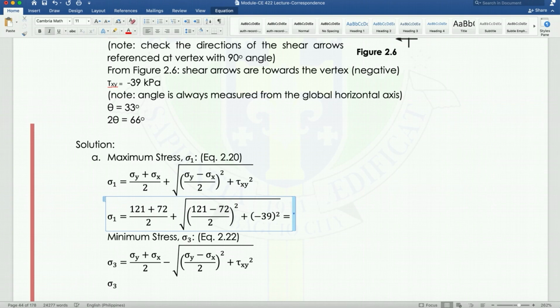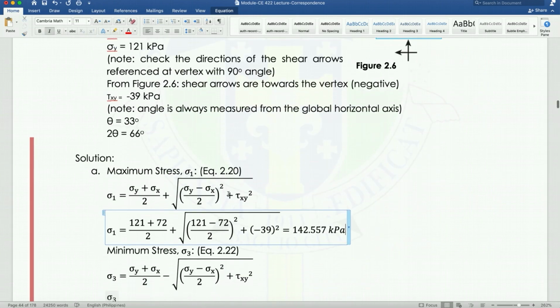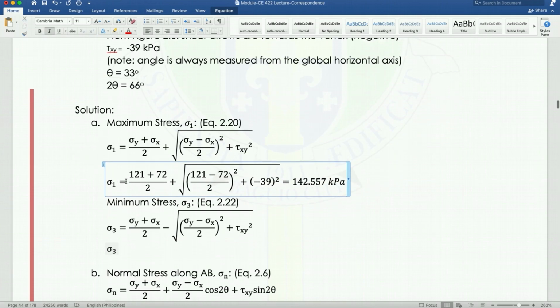Bring out your calculator, join me: 121 plus 72 over 2 plus the square root of 121 minus 72 divided by 2 raised to the second power plus negative 39 squared. And that is equivalent to 142.557 kilopascals. Therefore, the principal or maximum stress along plane AB is 142.557 kilopascals.